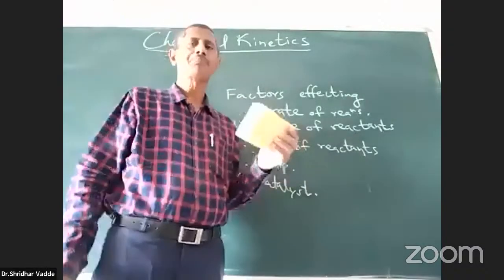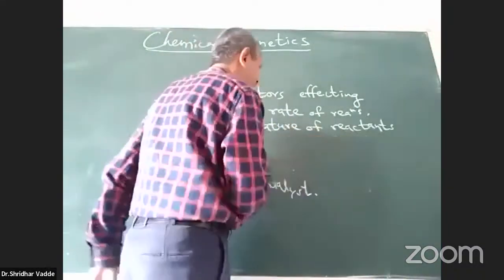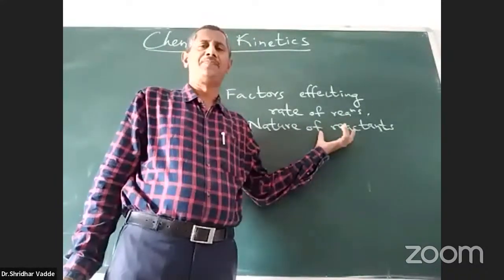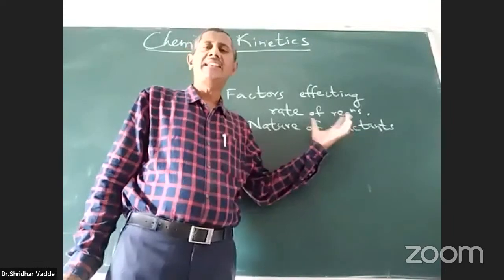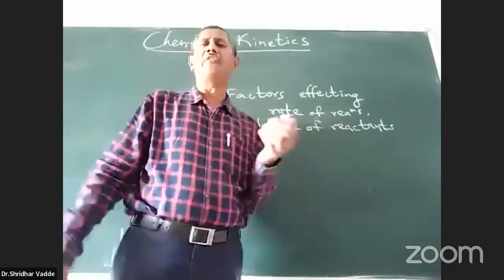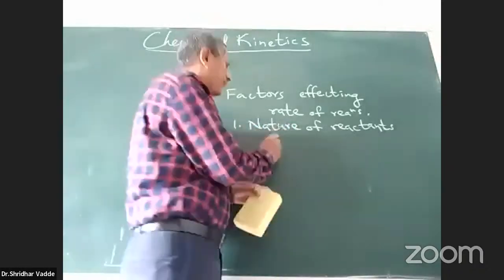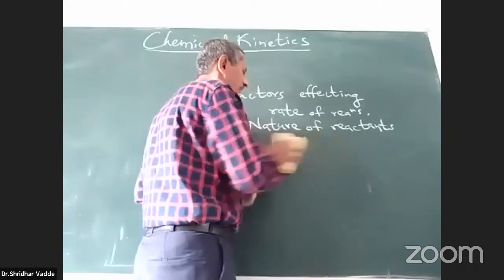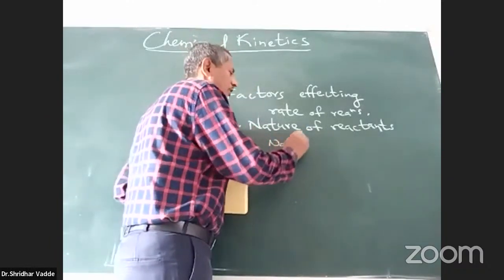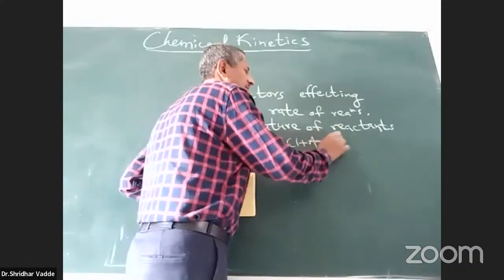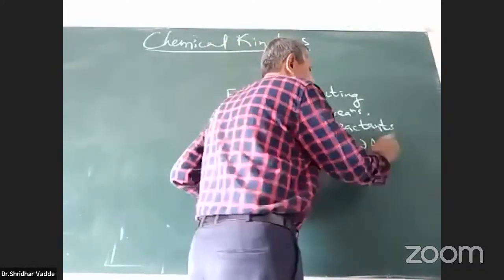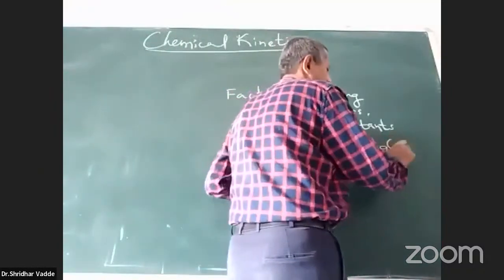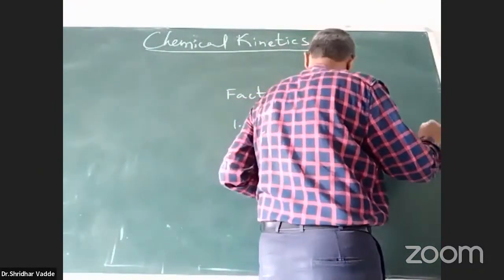Here we see the reactions between ionic compounds are very fast. For example, sodium chloride plus silver nitrate will give us AgCl plus NaNO3.